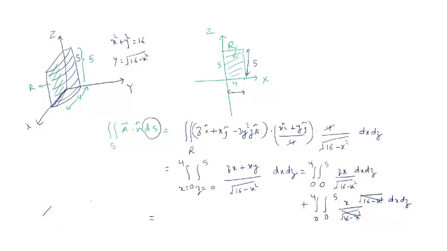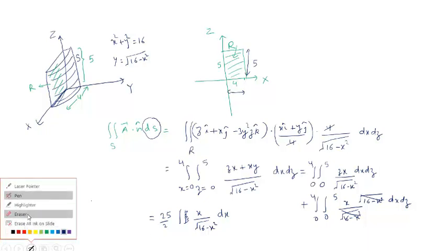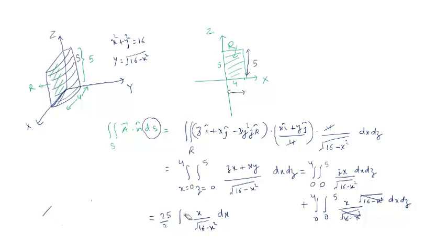If we integrate with respect to z first, we get z square by 2, and the limits of z are from 0 to 5, so simply we get 25 upon 2, x upon square root 16 minus x square dx. Sorry, this will not be a double integral now.